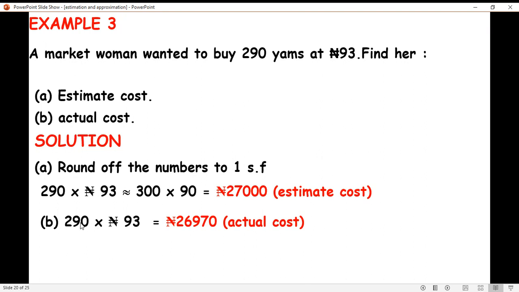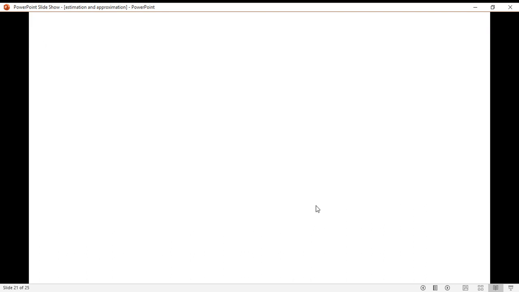So the actual cost is just the multiplication of the figures we are given. 290 times 93 naira will give us 26,970 naira. So this is going to give us the actual cost. We can compare the actual cost to the estimate cost. So the two values are similar, they are very close to each other. Okay, all right. So let's go to the next slide.